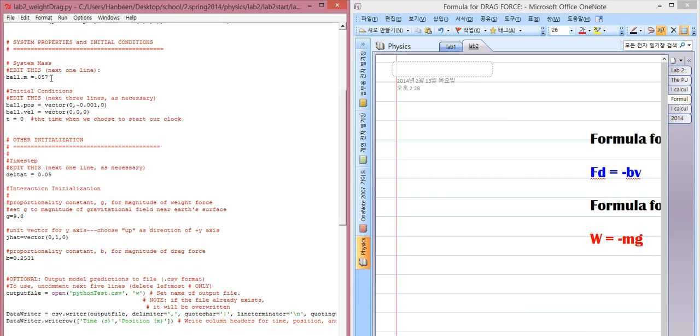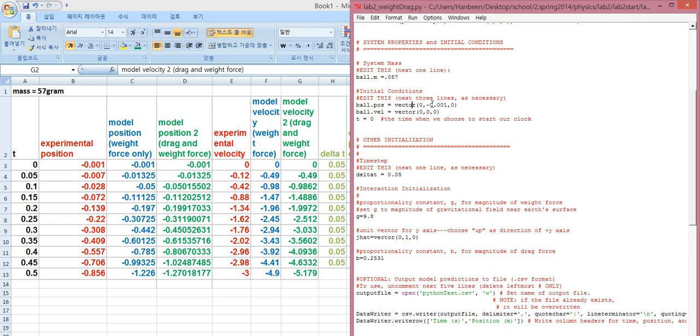So first of all, this is the weight force and the drag force together. The mass is 0.057, and velocity and position, as you can see, are right here. And the delta t I got from the file, and gravity is 9.8.